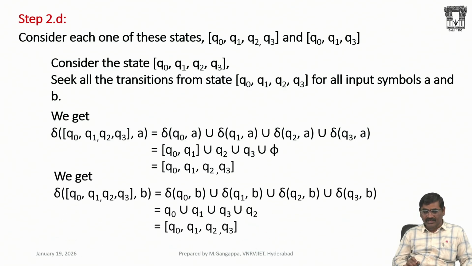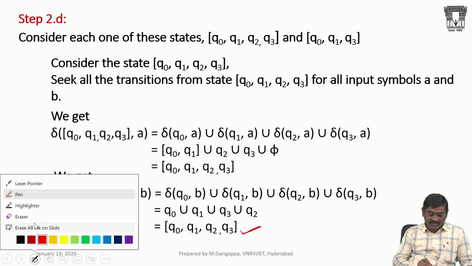So this can be computed like this. If we compute like this, we get the next state, that is Q0, Q1, Q2, Q3. This is the next state. If we expand like this and take the values from the NFA diagram, we get the next state for the state Q0, Q1, Q2, Q3 with input B, right?